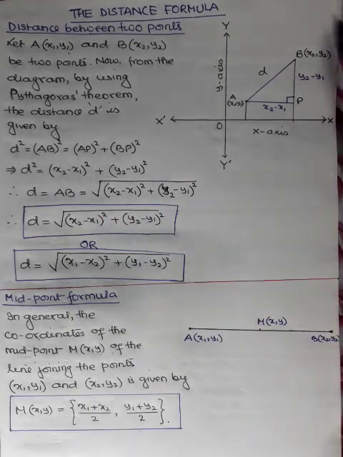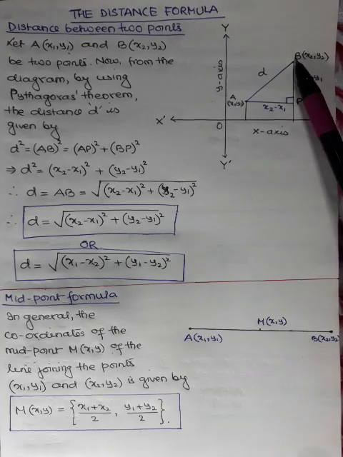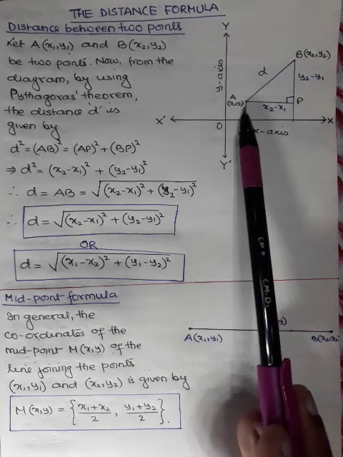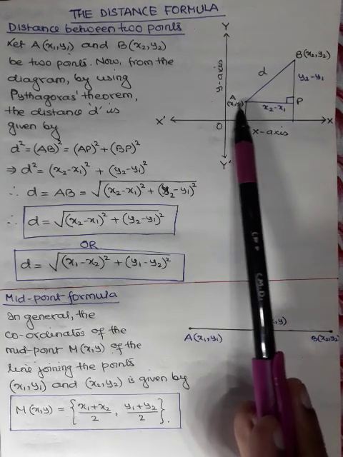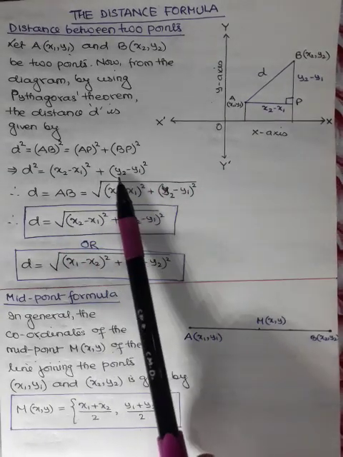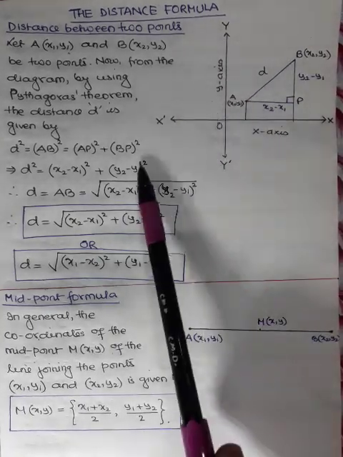Again, the distance between B and A along the y-axis: B along the y-axis is y2 and A along the y-axis is y1. So BP square can be written as (y2 minus y1) square.